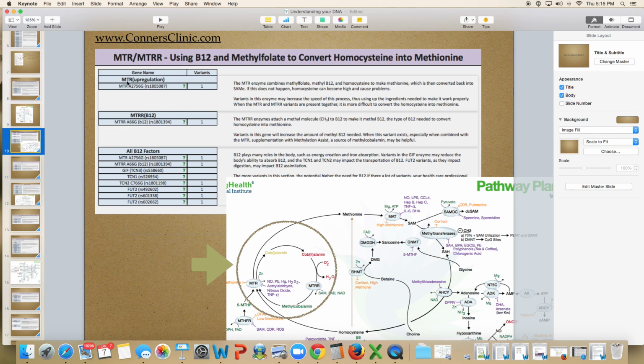So in this case scenario, this MTR gene, this person has a single allele defect. The MTRR gene, this person has a single allele defect. These are all the genes that feed into factors of a person needing help with vitamin B12. Why did we add the FUT2 genes here? Because that person had a single allele defect in all those genes.